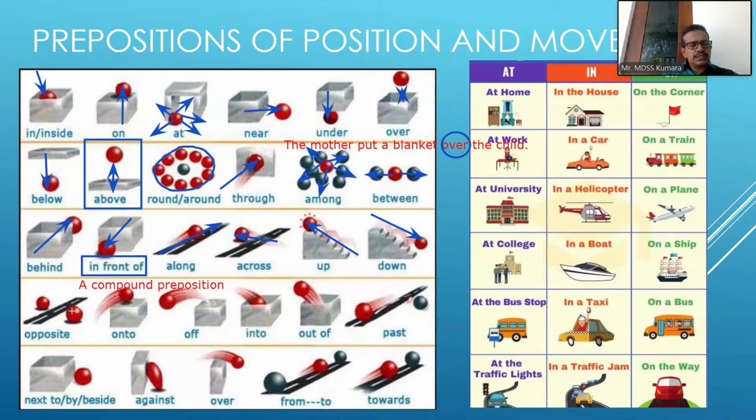So this position is called opposite. Opposite means on the other side of the road. It's a little similar to in front of, but there is something like a road in between the two.